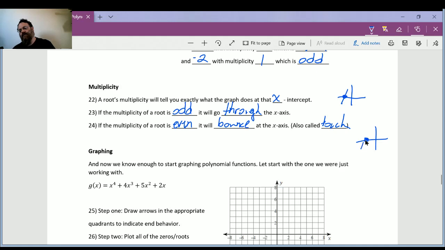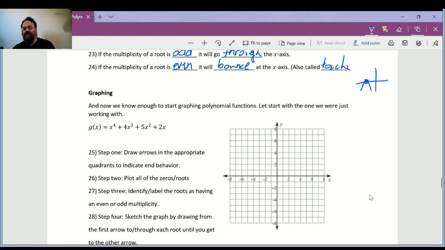It would doop, and then come back like that, like the vertex of a parabola, essentially. That is basically everything you need to know in order to graph a polynomial. The only thing we haven't talked about is Y-intercept. We'll hit that when we get to it.